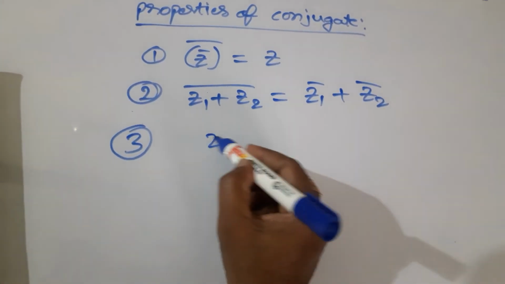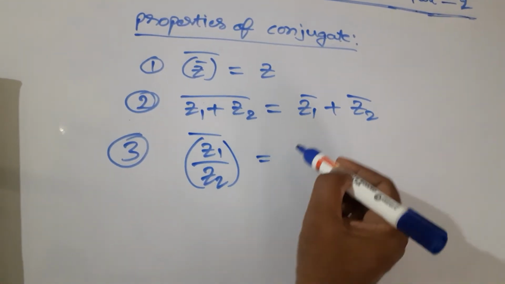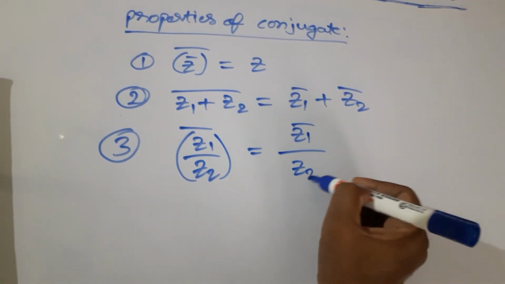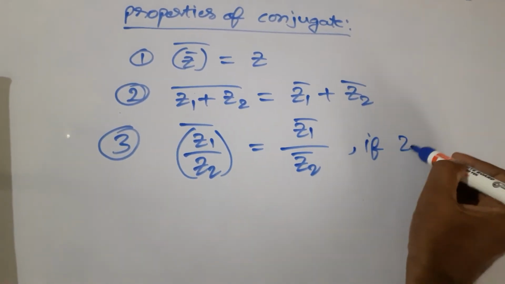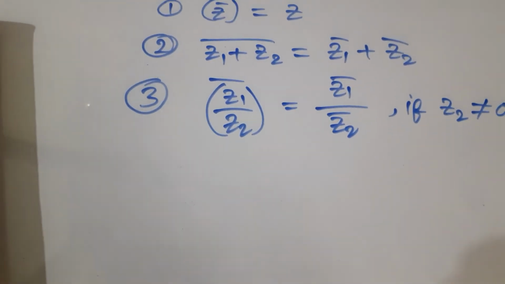Next, z1 by z2 whole bar equal to z1 bar by z2 bar if z2 not equal to 0. These are the properties of conjugate.